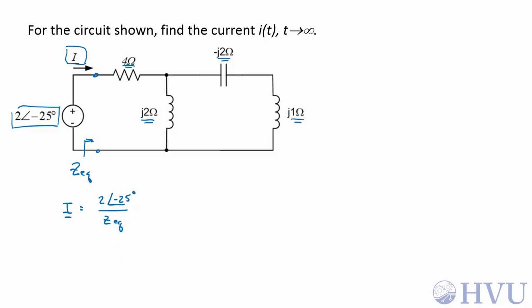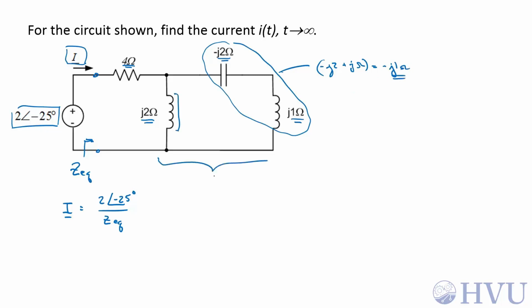Okay, let's find ZEQ. As I mentioned, these two are in series, so their equivalent impedance is minus J2 plus J ohms, which is just minus J1 ohm. Then that impedance will be in parallel with this one, so on this side of the circuit, its impedance is J2 times negative J1 over the sum of the two, J2 minus J1.